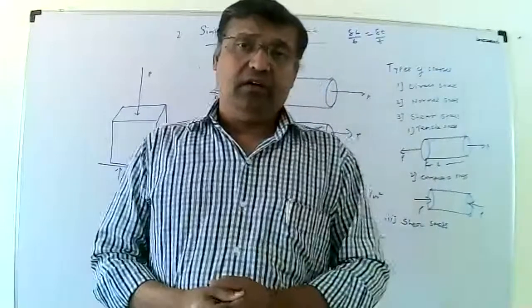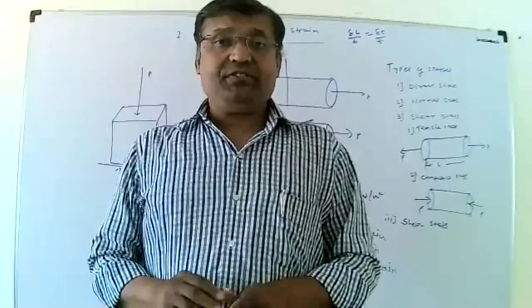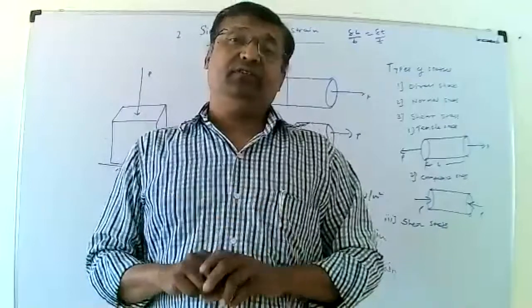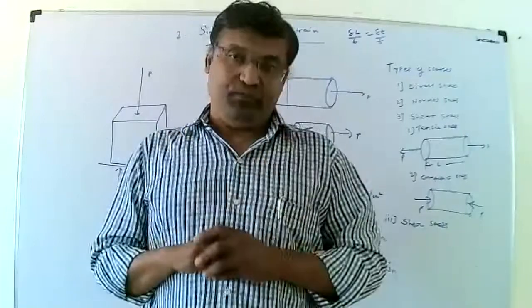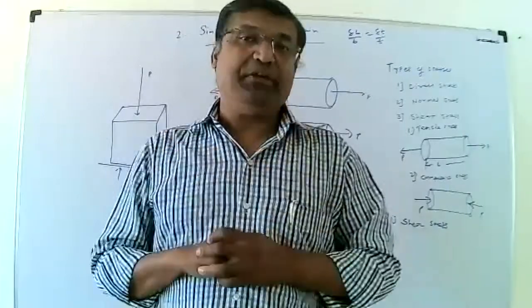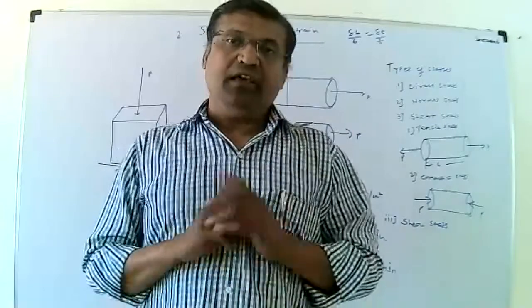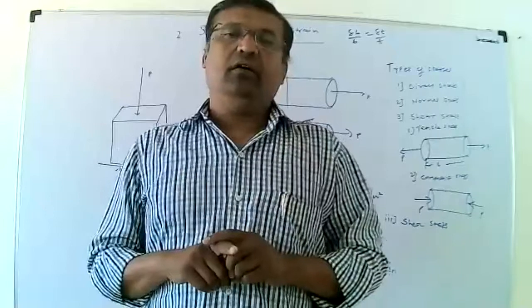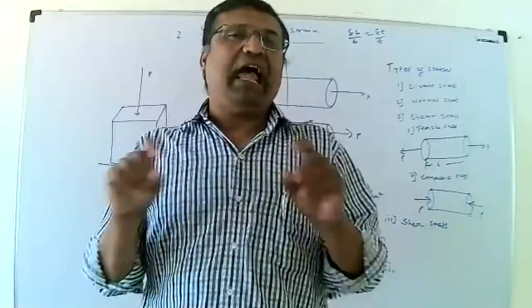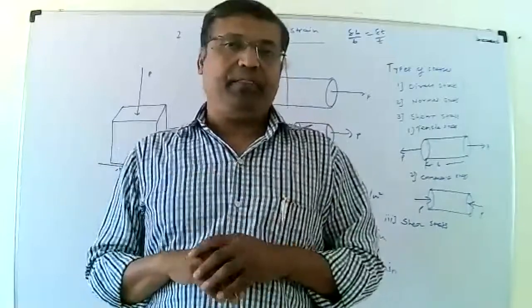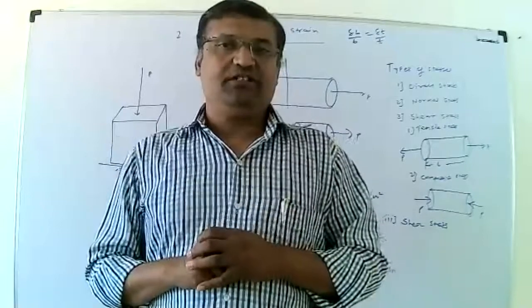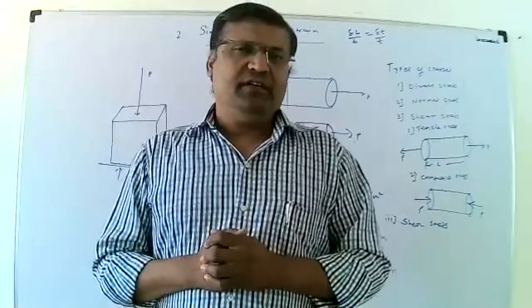What is the meaning of that? Suppose the body is in cube form, with three dimensions: length, width and thickness. If an external tensile load acts at one end of the cube, what will happen?